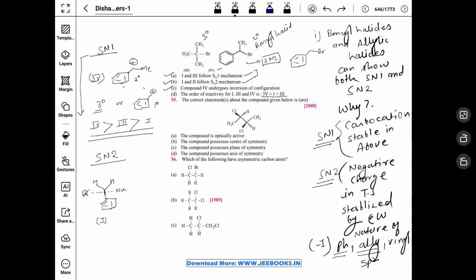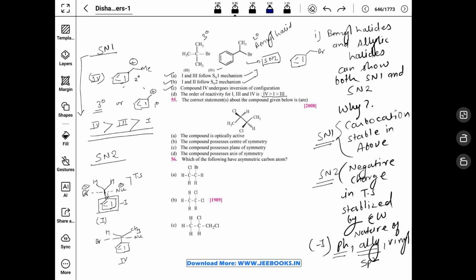In this case, the phenyl group has a minus I effect, so it stabilizes the negative charge of this transition state more effectively. Now when you have structure 4, let's draw the same way with the nucleophile.